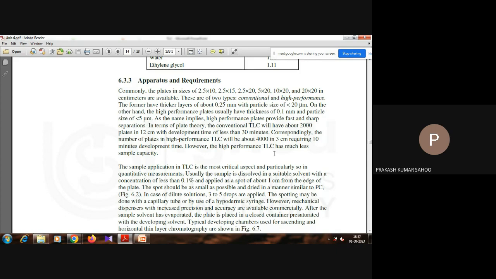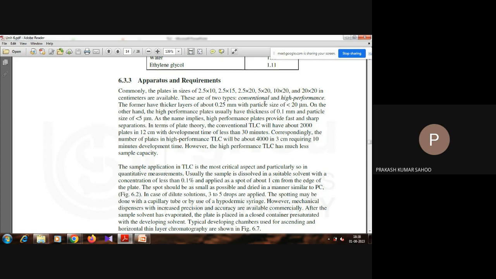Okay, so when the thickness is reduced and the particle size is reduced, what happens? The pore size is also reduced. So when the pore size is reduced, there will be high performance of the plate and the separation will be more effective than conventional TLC. So just remember, two types of plates are there: conventional plates and high performance plates.